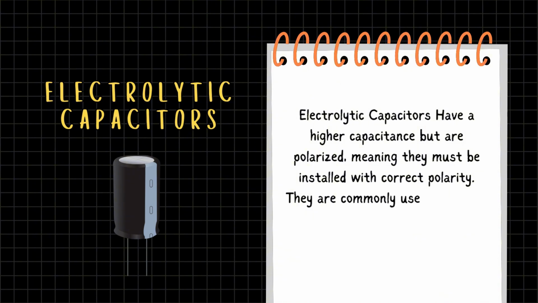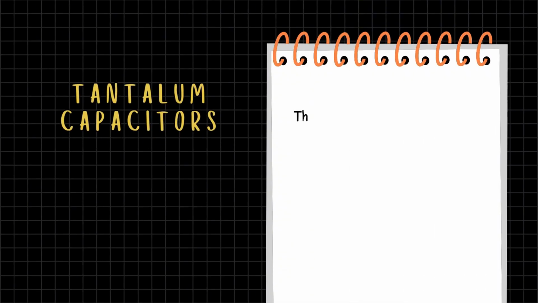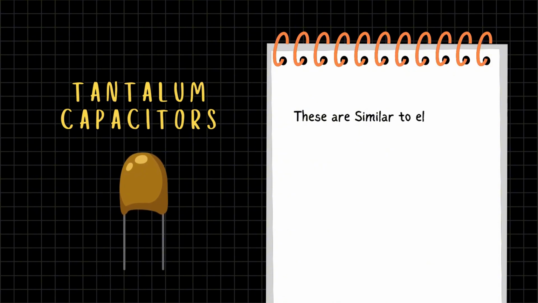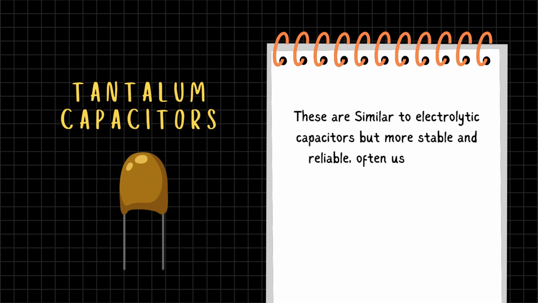They are commonly used for power supply filtering. The third one is the tantalum capacitor, similar to electrolytic capacitors but more stable and reliable. Often used in more sensitive and compact applications.